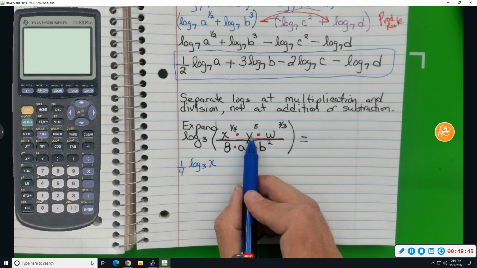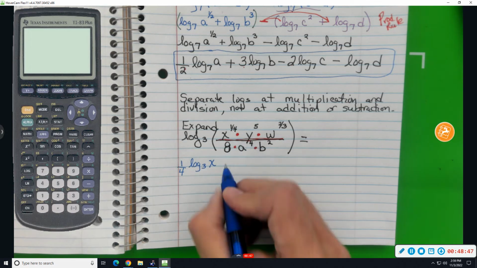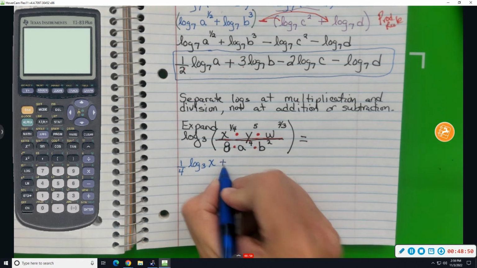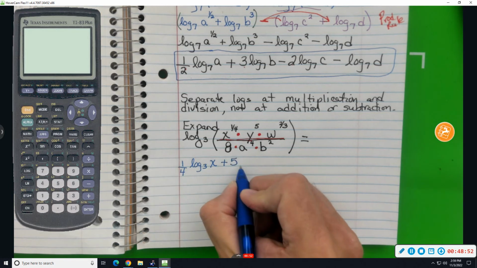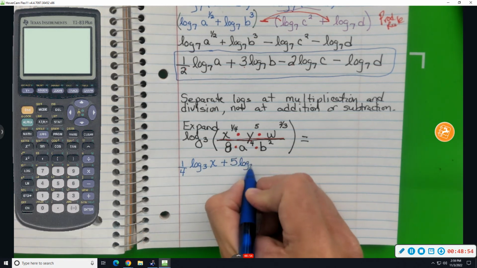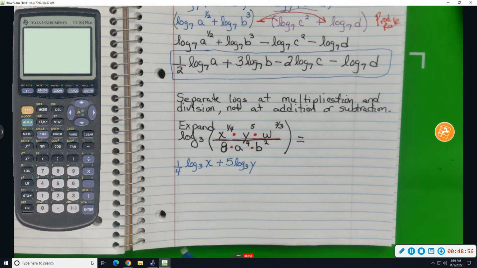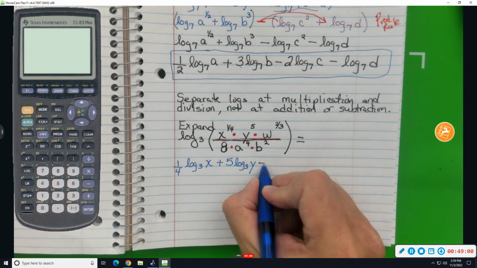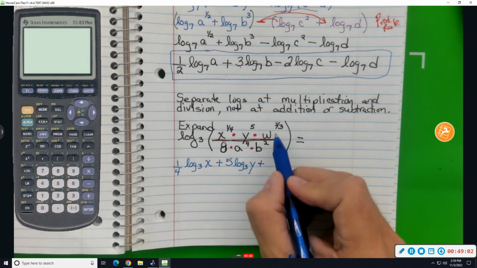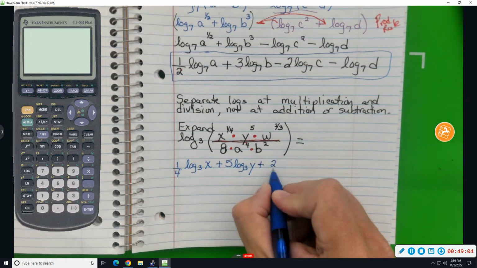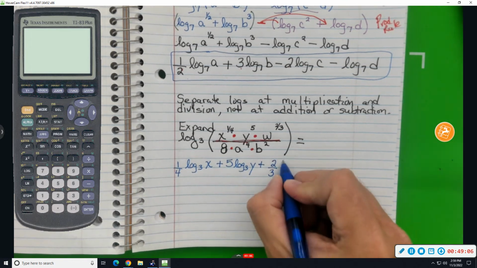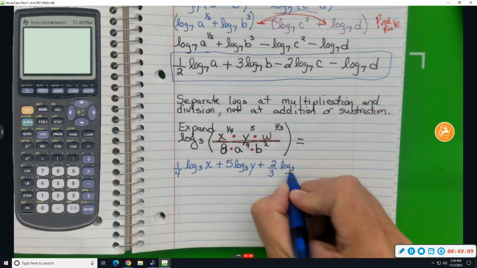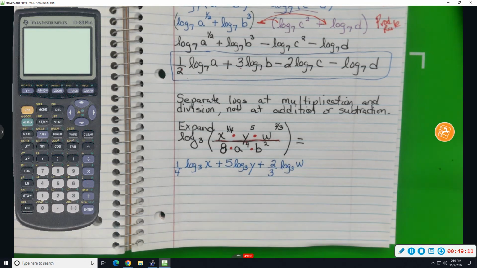The y is on top. I'm moving on to the y now, so I'll put a plus. Exponent log base 3 of y. Then the w is on top, so another plus. 2/3 log base 3 of w.